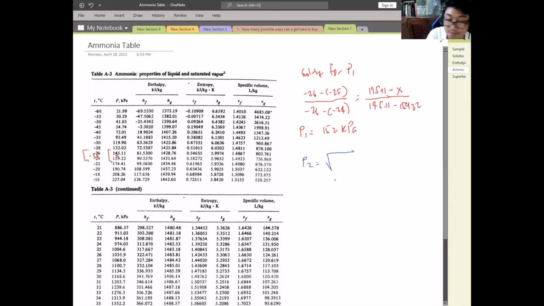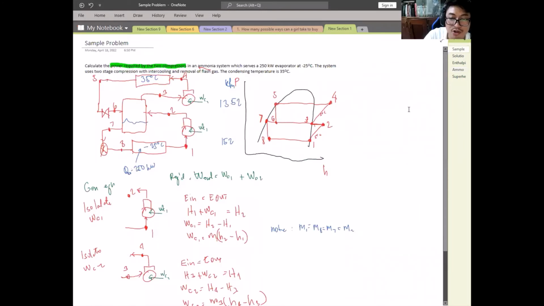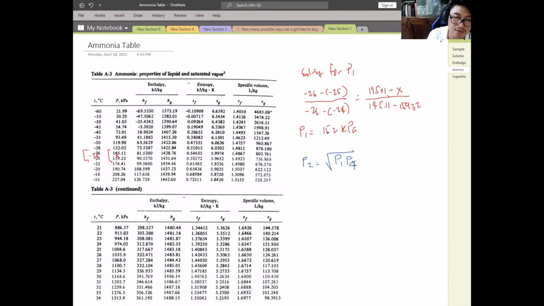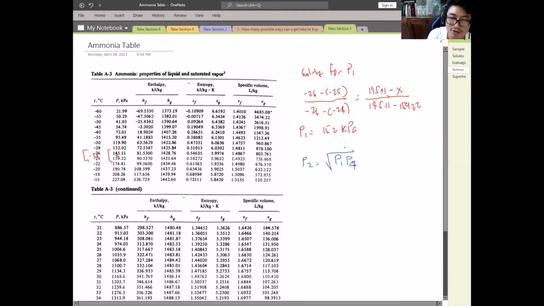So P2, our intercooler pressure, is square root of P1 times P4. This is for two compressors. Kung tatlong compressor, edi dagdag mo yung isang compressor, another P5, so and so forth, kahit ilang compressor yan. For this, we have only two compressors, so simple lang, square root lang.